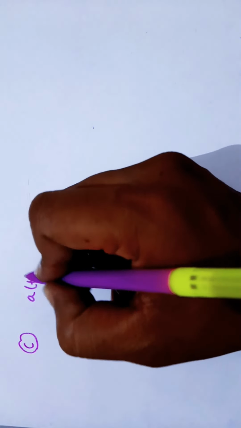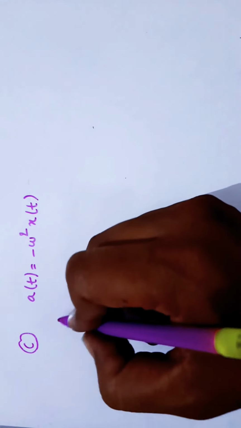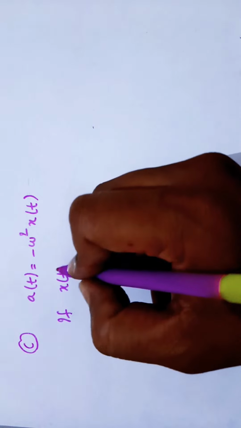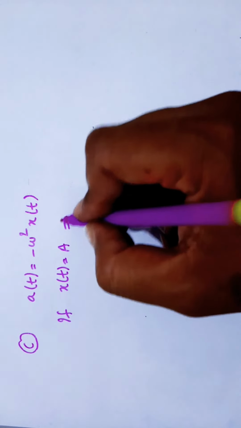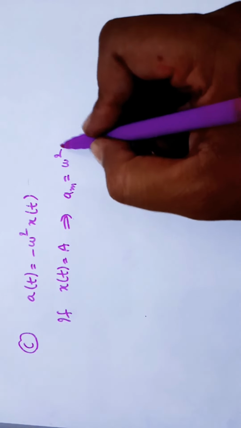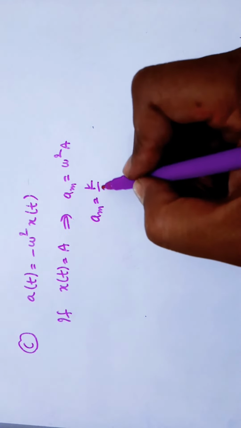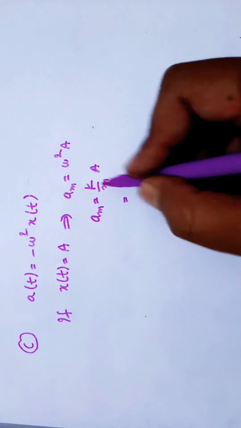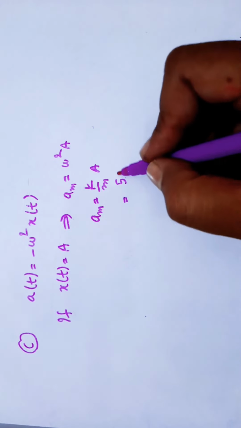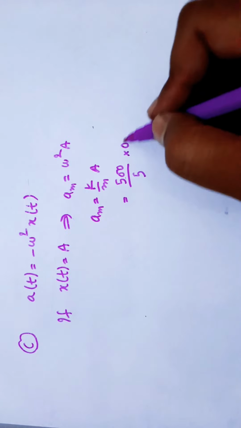See the third one. Here acceleration a of t is equal to minus omega square x of t. If x of t is the maximum displacement, then a maximum is equal to omega square into A. Here omega square is equal to k by m, into A. Here k is the known value, 500, m is 5, A is 0.1.